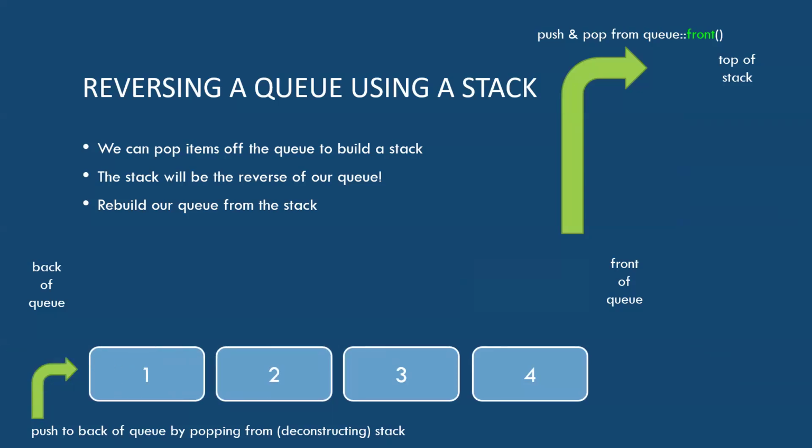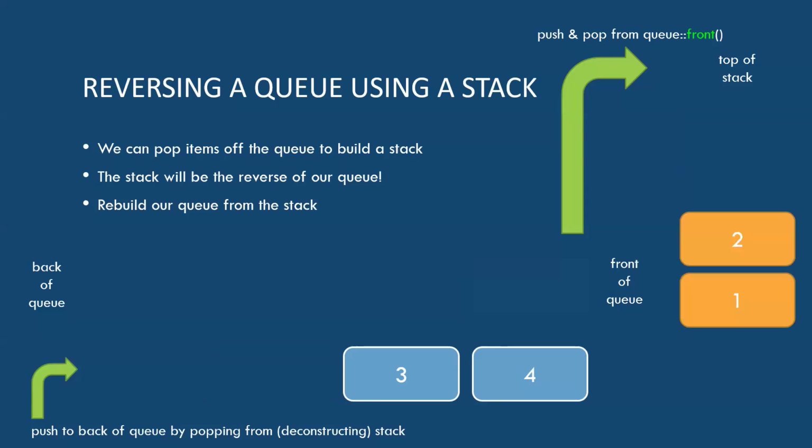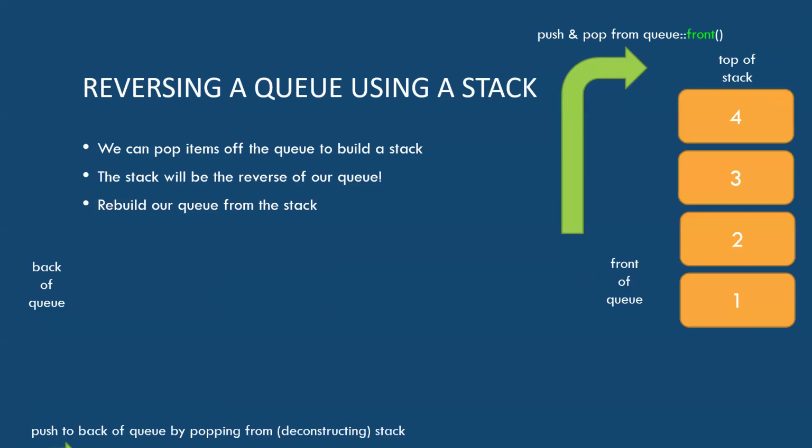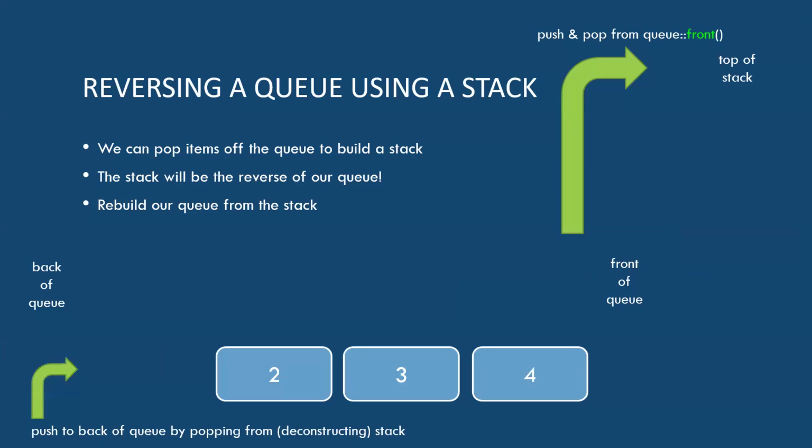Until the stack is empty. And now we have inverted the order of our queue. So notice there's 4, 3, 2, 1, right? Now we are 1, 2, 3, 4. So that's a classic thing that we do with a queue and a stack whenever we've got to reverse something very, very quickly and elegantly.